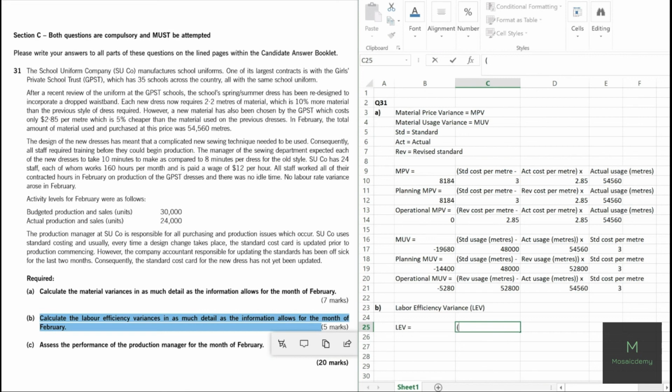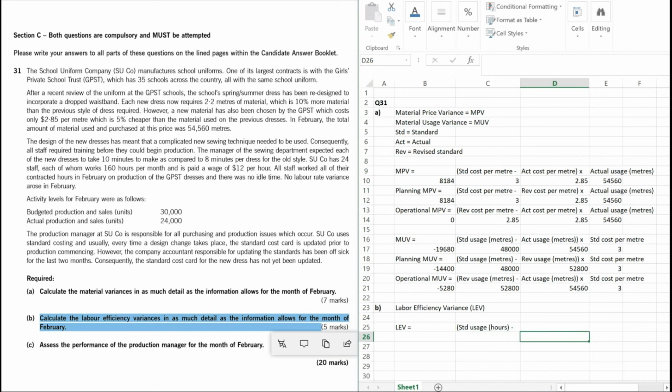So whenever the variance is a quantity variance, the quantity part will be inside the brackets. So we'll have the standard labor hours, right? Standard usage in terms of hours.